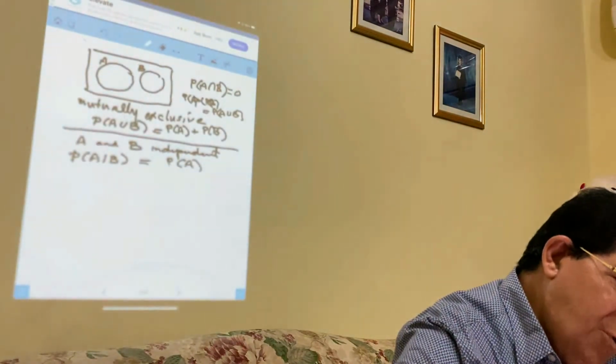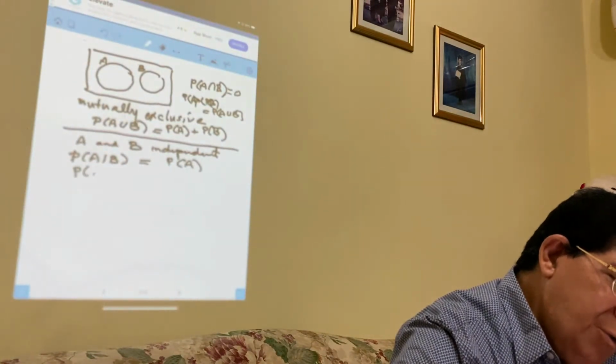What is the rule for A conditional on B?